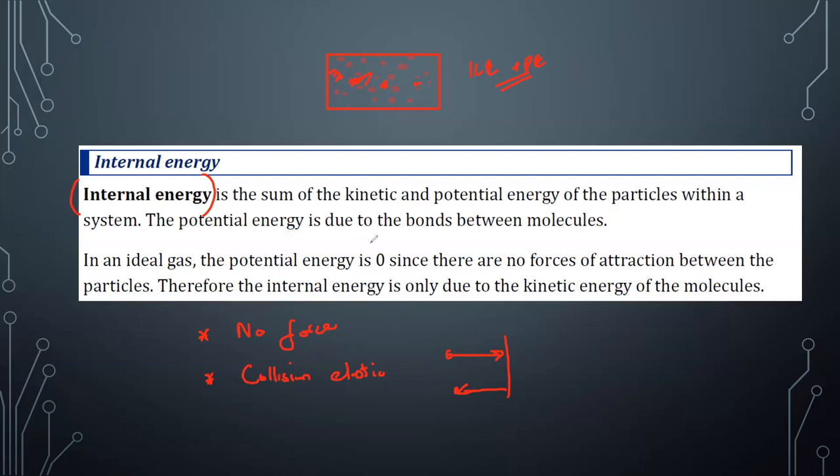So in an ideal gas, the potential energy is zero since there is no force of attraction between the particles. Therefore, internal energy is due to the kinetic energy of the molecules. So an ideal gas follows these postulates: the force of attraction between molecules is negligible, and the collisions between the particles, as well as with the wall, are perfectly elastic. But in reality, the collisions are not elastic.